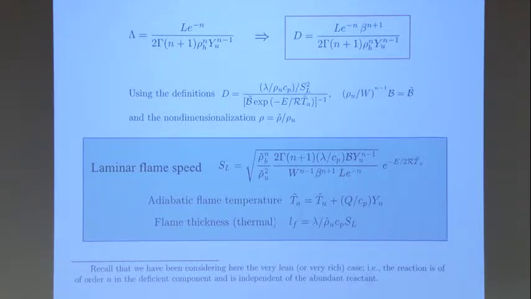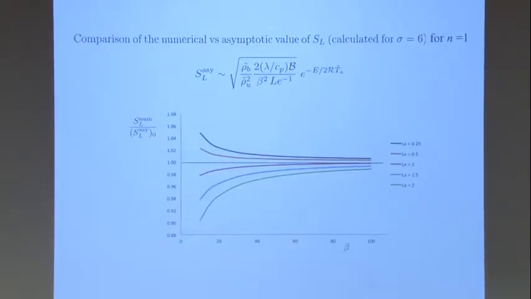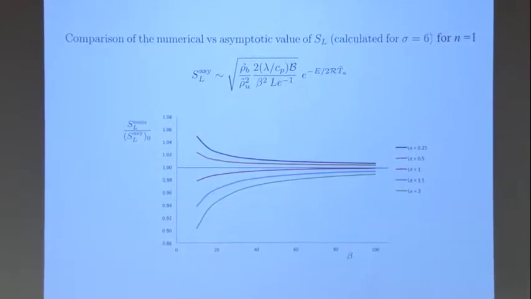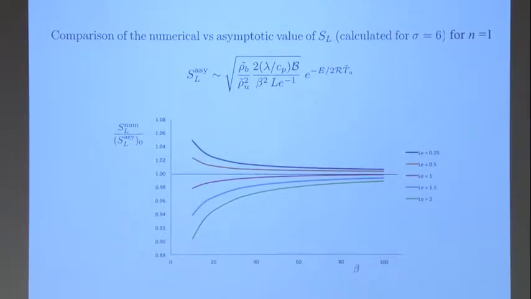The first thing I want to show you is something I discussed yesterday already, and I'll comment about it again later, but this is what I wanted to show you. We have derived an approximation which is valid for large beta, and we said that typically beta is around 10.